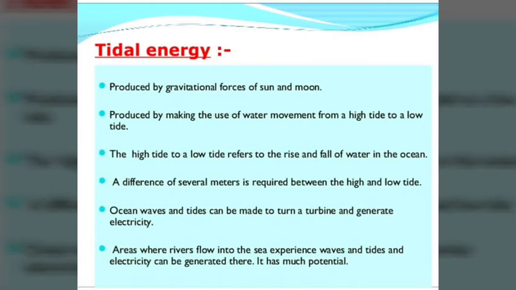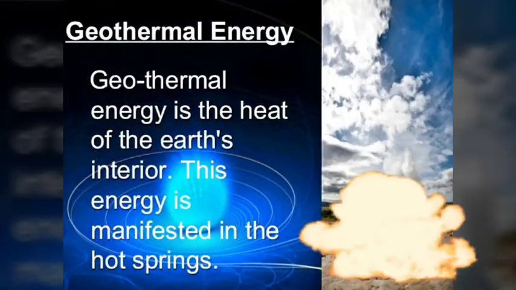As we have already studied, high tide to low tide refers to the rise and fall of water in the ocean. A difference of several meters is required between a high and a low tide. Ocean waves and tides can be made to turn a turbine and then generate electricity.